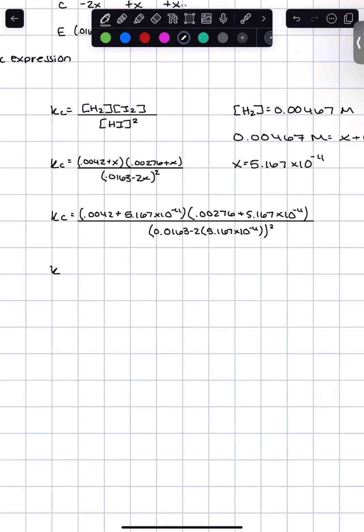And that will give you a Kc equal to 0.0663. That is your answer.